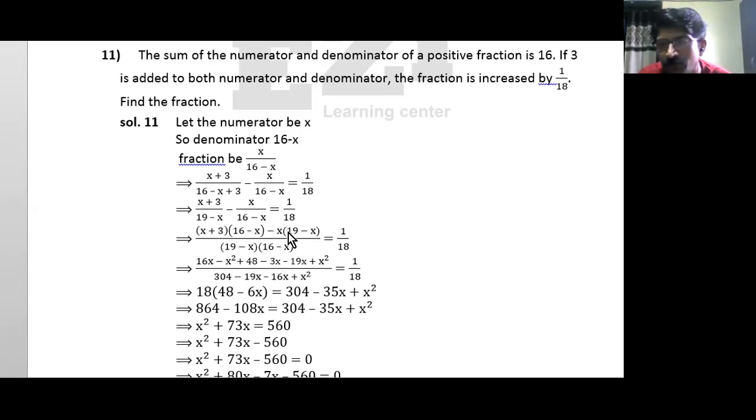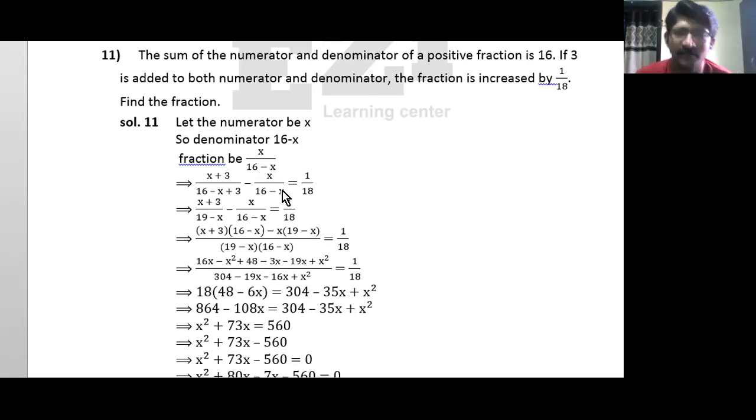Be careful while opening the second bracket because there is a minus sign. So minus 19x and minus x into minus x plus x square. This is a very standard place where you should be very careful. And the denominator will become 19 into 16, 304 minus 19x minus 16x plus x square, which equals 1 by 18. Now you can just cross multiply here and here.